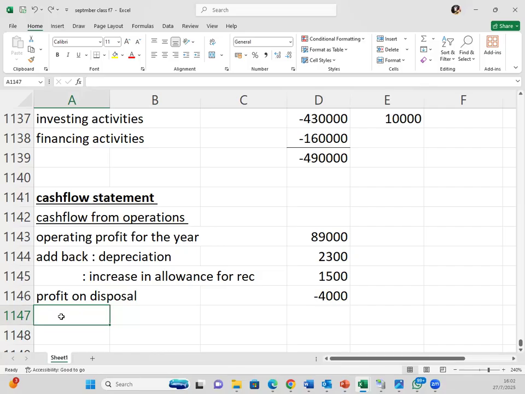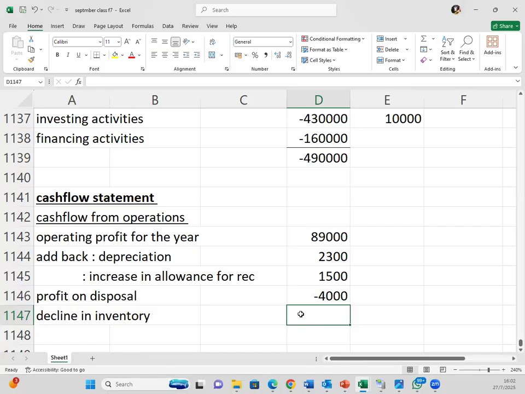If the working capital changes, let's start with inventory. If inventory, let's say, has reduced, you can say decline in inventory. This is assumed that money has been received because we sold more goods. If you had inventory of 10,000, now it's 6,000.